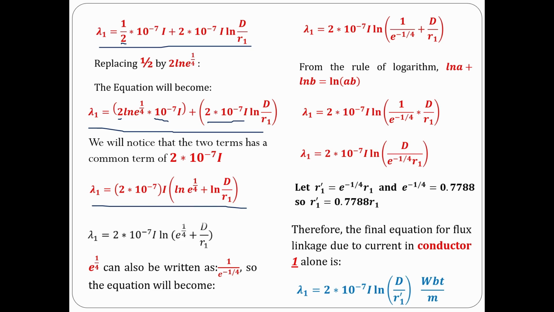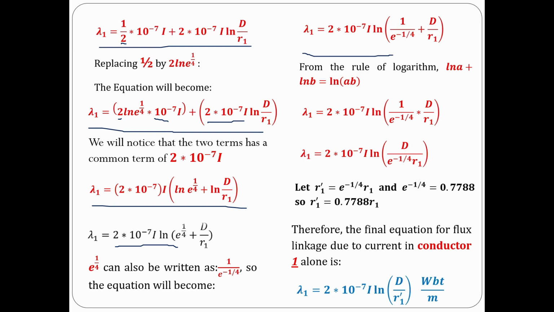Simplifying further, the equation will become 2 times 10 to the negative 7 i ln, open parenthesis, e to the 1/4 plus D over R1. But e to the 1/4 can also be written as 1 over e to the negative 1/4. So the equation will become 2 times 10 to the negative 7 i ln, open parenthesis, 1 over e to the negative 1/4 plus D over R1.